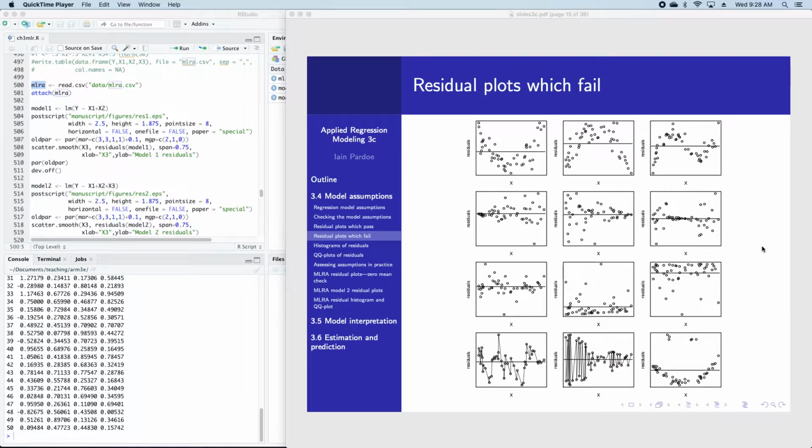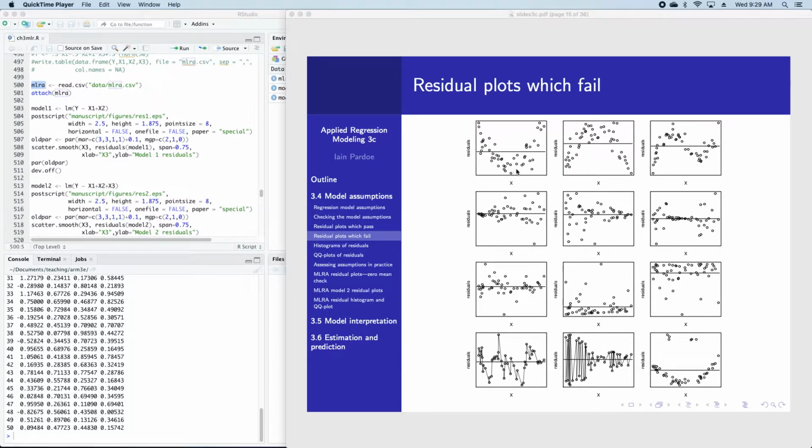By contrast, here are some plots which would fail the assumptions. So in the top row, we're failing the zero mean assumption, because as we move across the plot from left to right, the mean of the residuals is not staying close to that 0 line.